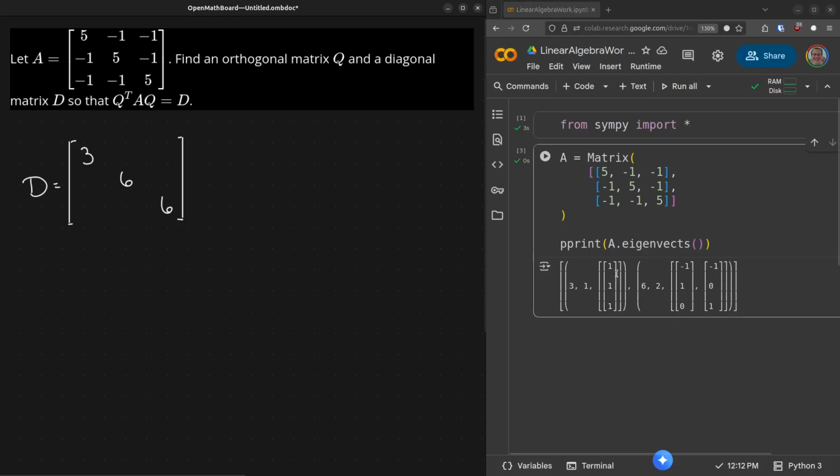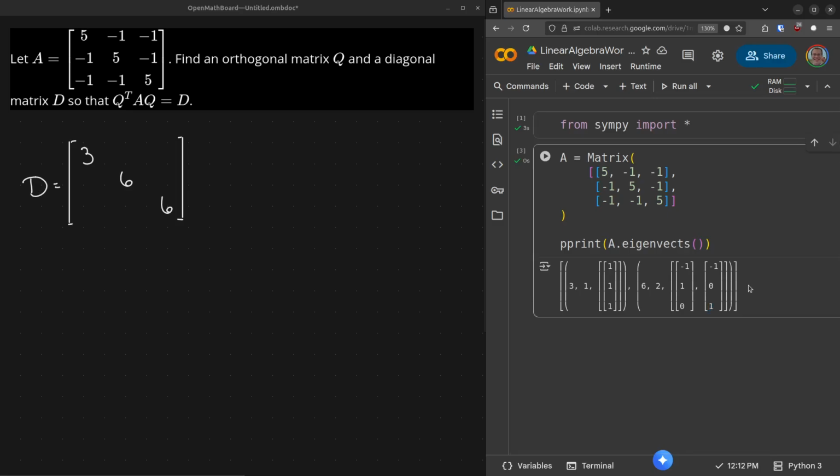So you could check this. 1, 1, 1 is orthogonal to each of these two basis vectors for eigenspace of lambda equals 6. Okay, if you take the dot product of 1, 1, 1 with either of these two vectors, you get 0, right? So they're orthogonal.